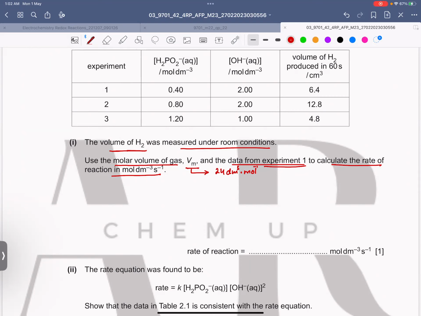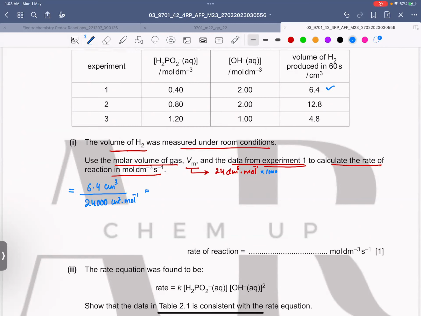So if I use the volume from experiment 1, which is 64 centimeter cube, and divide it by 24,000, because if you multiply 24 by 1,000, it becomes 24,000 centimeter cube per mole.